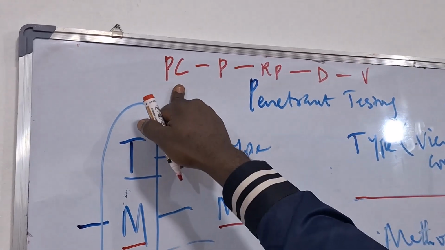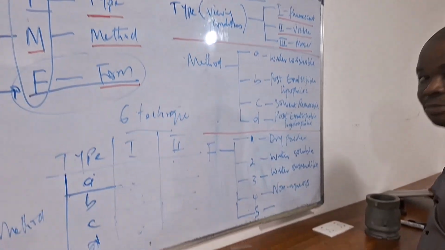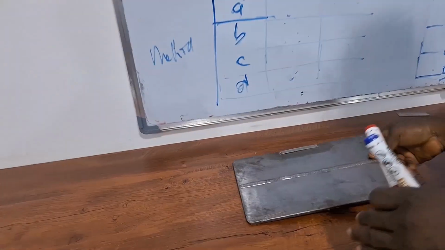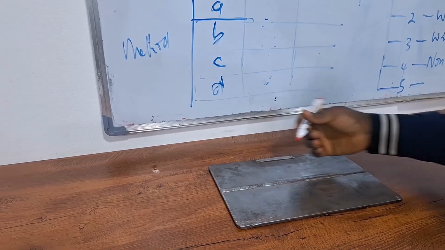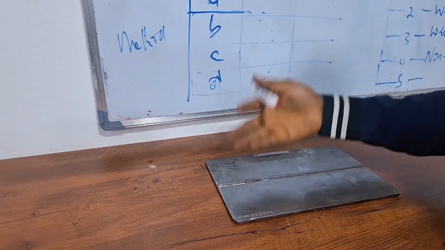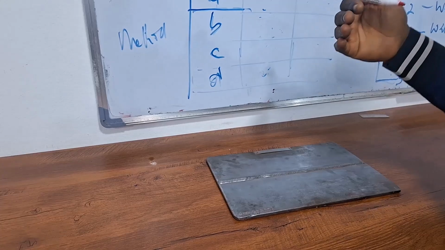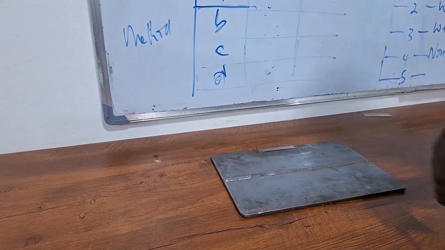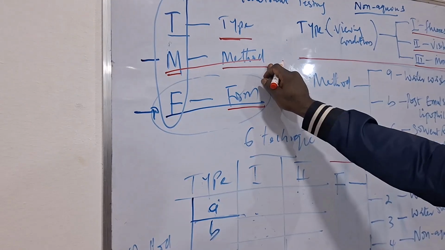So you do your pre-cleaning. So if this is a material that I'm trying to inspect, I'm trying to inspect this plate, I'll first clean it before I start. You apply the penetrant, you allow it to dwell for some time, then you remove the excess penetrant. The method of removing the excess penetrant is what gives rise to the method.